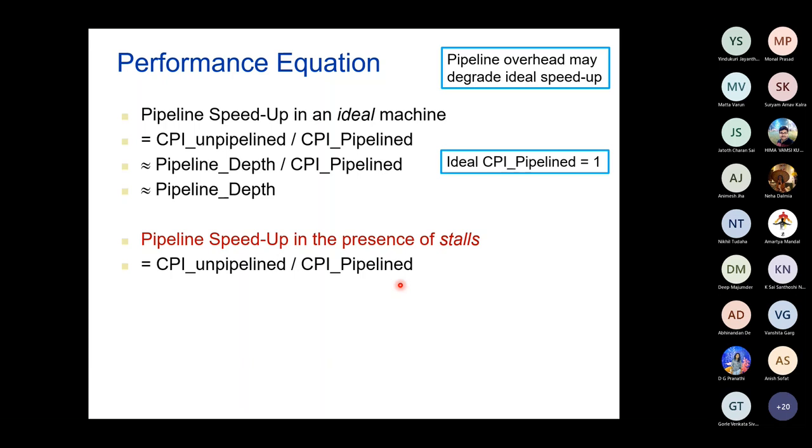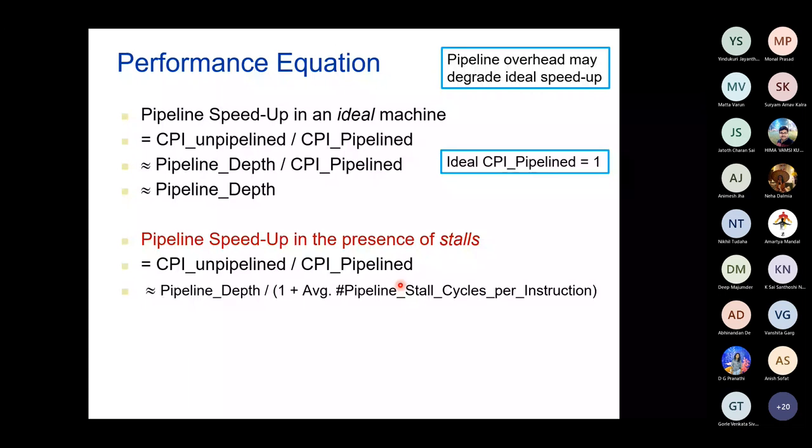In case of stalls, the CPI of the pipeline would increase, but by how much? Now the numerator is the pipeline depth as before. The denominator, in the ideal case, is 1.